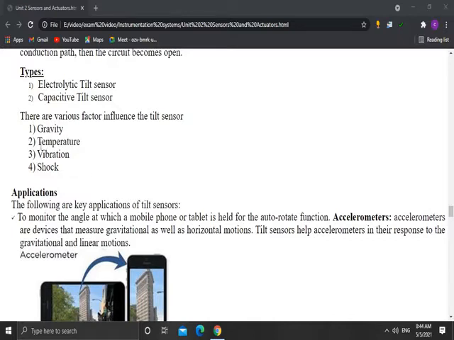Or if the temperature is very high, consider an electrolytic tilt sensor, in which a liquid is present, so the liquid will vibrate, and it will not show the exact angle. So these are factors which definitely impact the output of a tilt sensor.